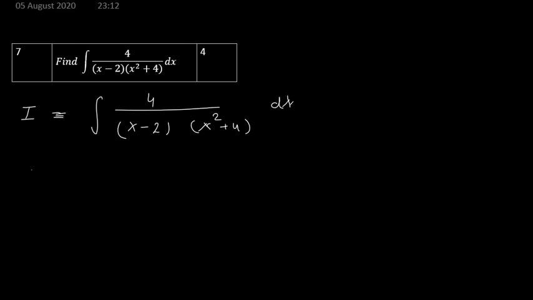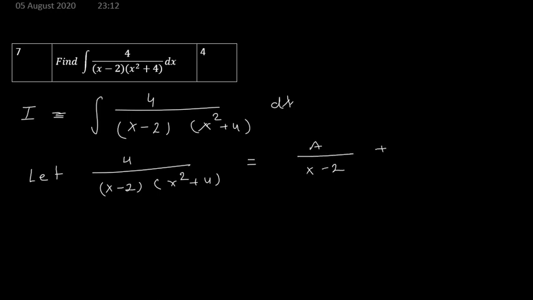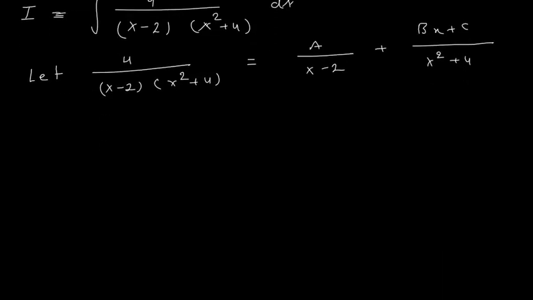Then we will consider 4 upon x minus 2 into x square plus 4 as a upon x minus 2 plus bx plus c upon x square plus 4. Now I will cross multiply and I will get 4 equal to a into x square plus 4, plus bx plus c multiplied by x minus 2.